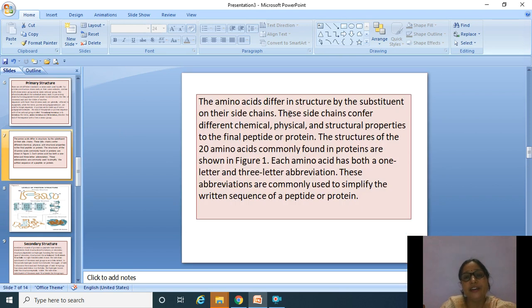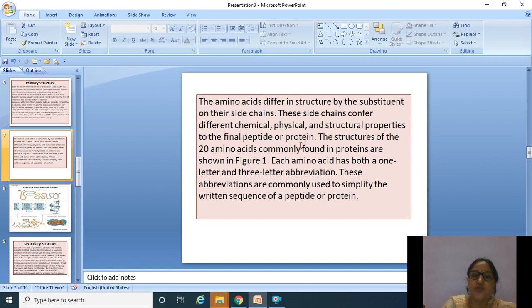The amino acids differ in structure by the substituent on their side chain. Each amino acid has a different substituent. It may be an alkyl substituent, an aryl substituent, or another type of substituent. These side chains confer different chemical, physical and structural properties, because different groups are there, to the final peptide or protein.